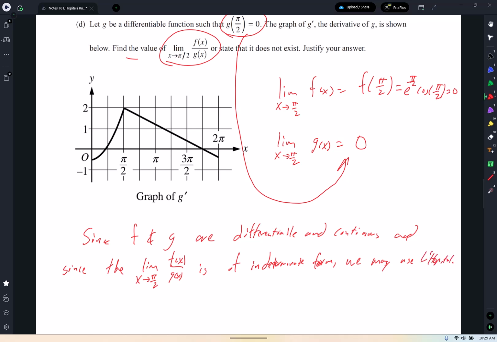Period. Okay, so don't worry, we're going to catch you up. You can only use L'Hopital's if you're continuous and differentiable, because we're taking derivatives. How do I know that g is differentiable and continuous?